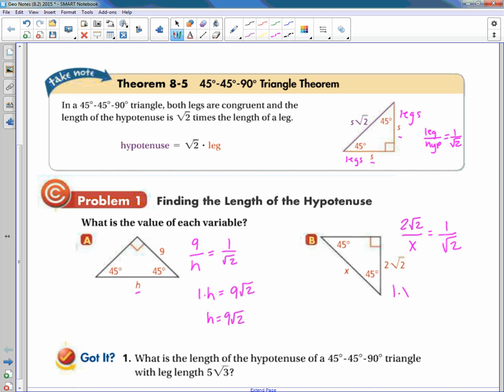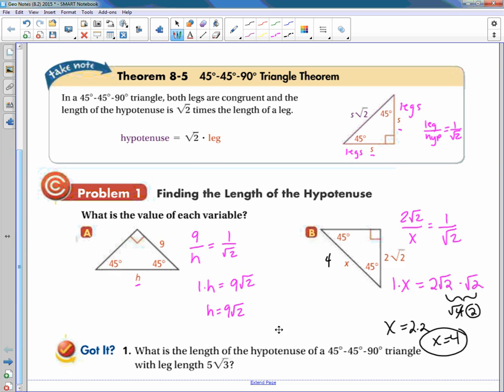I'll get 1 times x equals 2 times the square root of 2 times the square root of 2. So square root of 2 times square root of 2 is the square root of 4, which is going to be 2. So x is going to equal 2 times 2, or x is going to equal 4.